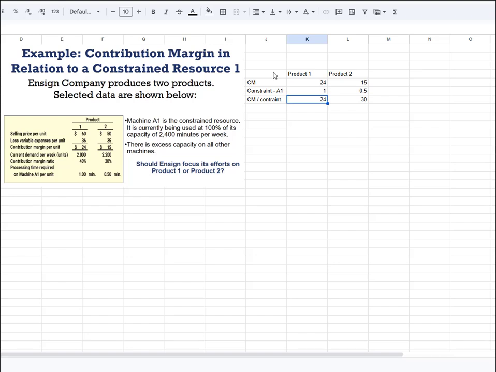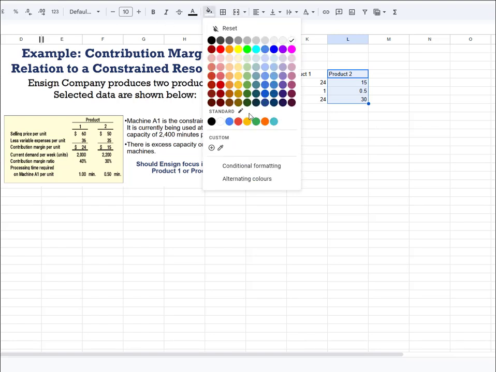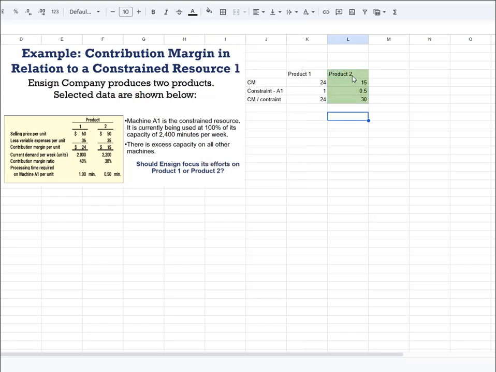That means that 1 minute of A1 produces $30 worth of product 2, whereas 1 minute of A1 produces $24 of product 1. So therefore, we want to make all that we can of product 2 because it yields a higher amount per constrained resource. We make all of product 2's demand, and then we go over to product 1 if we want to maximize our constrained resources.